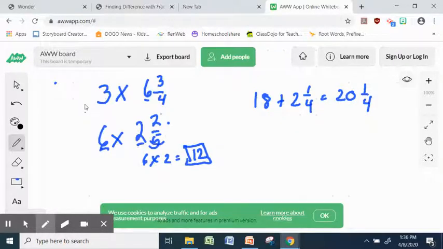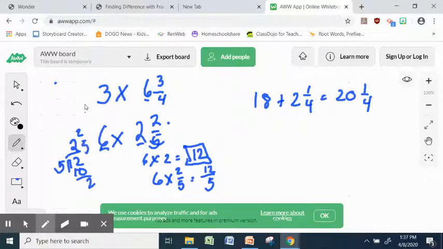And I'm going to multiply 2/5 6 times. So 6 times 2/5 is 12/5. Then I'm going to turn that into a proper fraction or into a mixed number. So 12 divided by 5. How many times can 5 go into 12? That would be 2, 10, remainder 2, so 2/5.